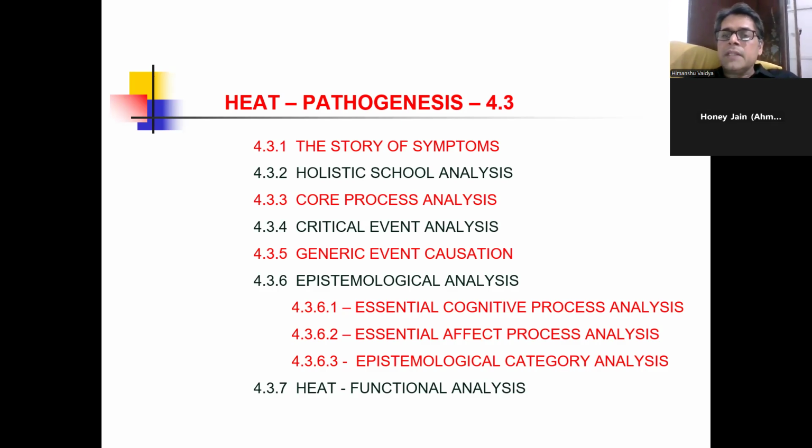So the first critical event in this core process is the desire for the parent of the opposite gender.